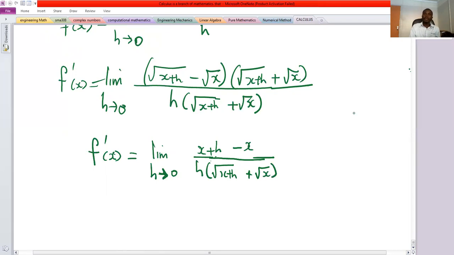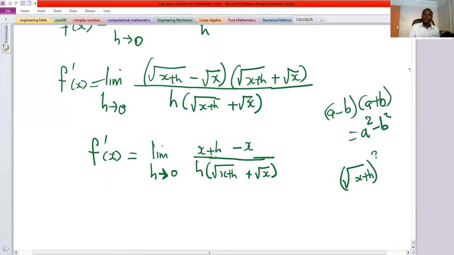What I've used here is the fact that a minus b times a plus b is given by a squared minus b squared. So my a is root of x plus h, so I square it. That's why I have x plus h. And then minus b is root x, I square it, I get x. So that's why I have this numerator.